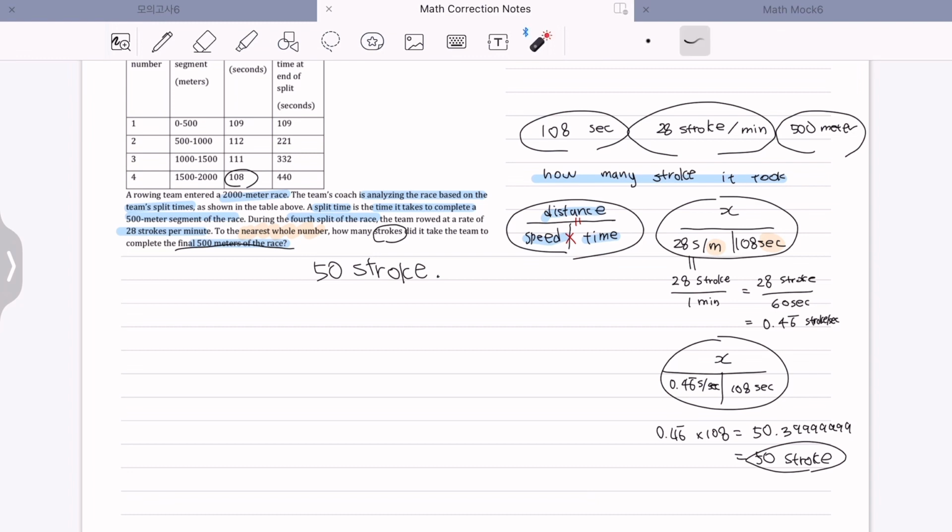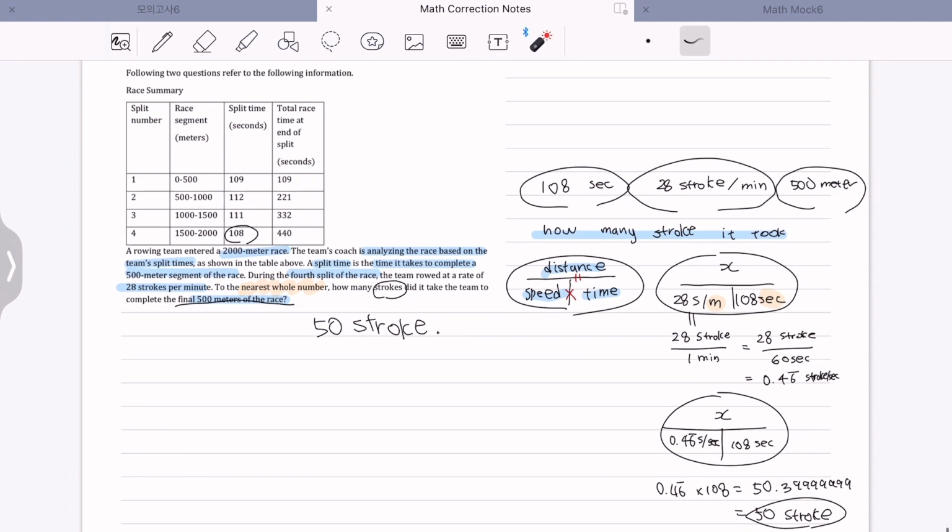So remember, if the question is really long and gives us a lot of information, you need to first highlight, not directly on the question, but in your mind, what is the important information and what information I can use.